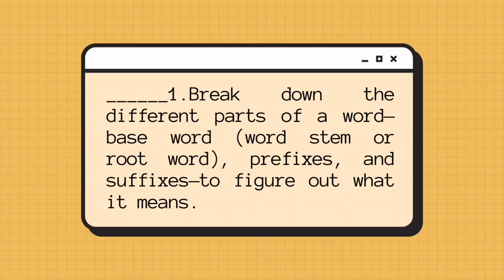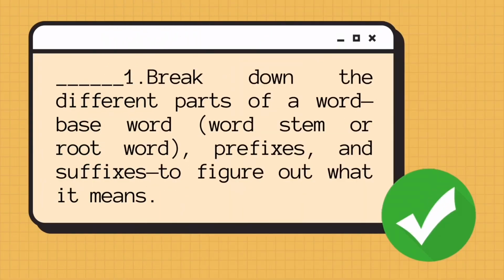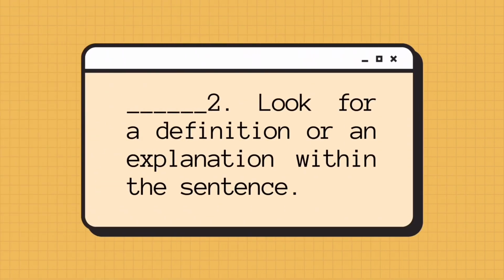Break down the different parts of a word: base word, word stem or root word, prefixes, and suffixes to figure out what it means. The answer is a check mark. Number 2.